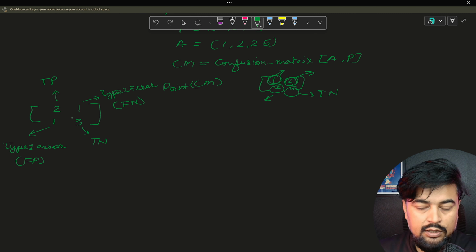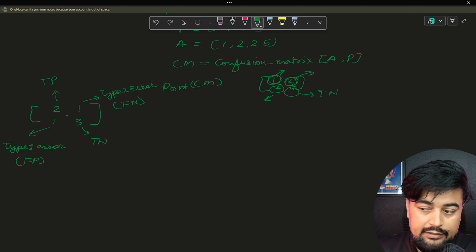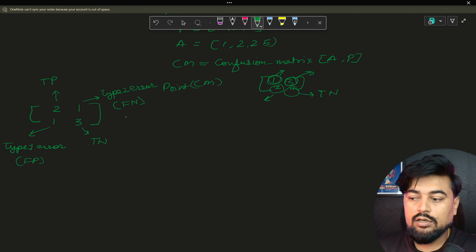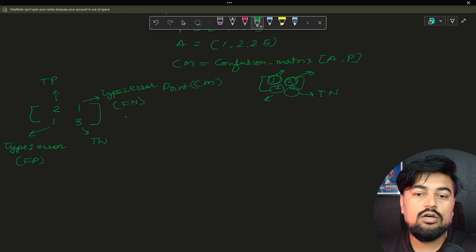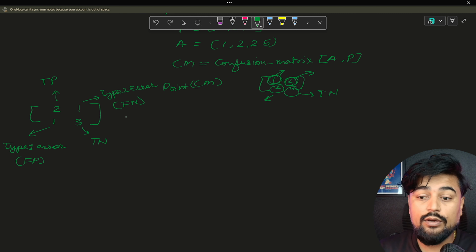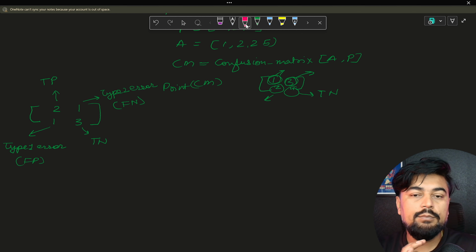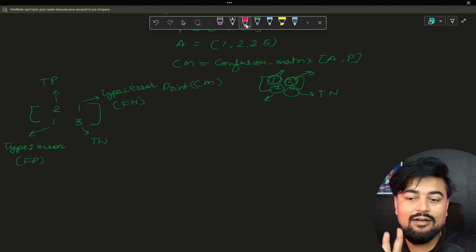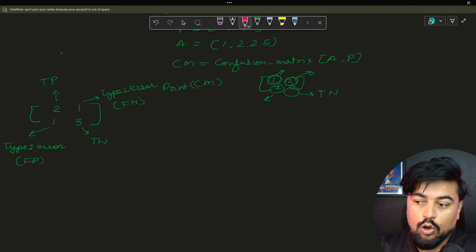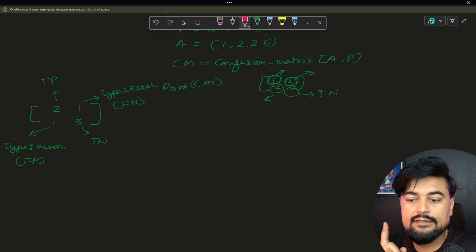Out of 7, 2 values are in the category where you can say those are errors, those are not the correct value. So now we need to calculate some more metrics over this confusion matrix, which will actually complete the back testing. So we are understanding the process of back testing. This is all part of back testing, calculating the confusion matrix.